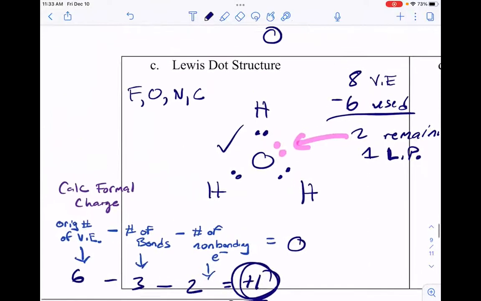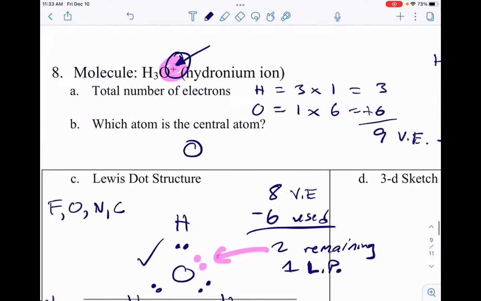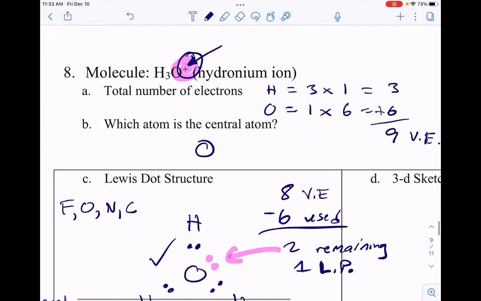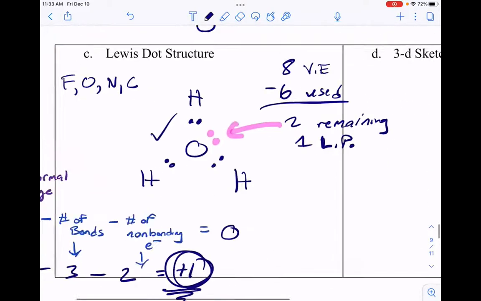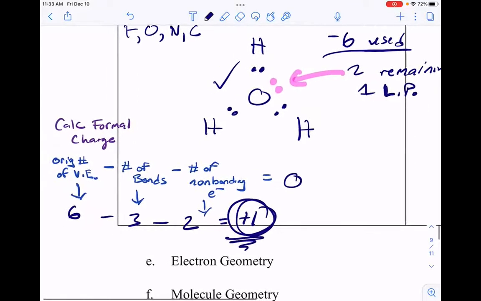Okay. So there's really no way to memorize charges other than just drawing Lewis structures and calculating formal charges. But at that point, you might as well just memorize the charge of those polyatomic ions. Okay. So you can't get it down to 0 because there's no other groups to pull from. Exactly. So here, there's no lone pairs on hydrogen, so we cannot get this down to 0.